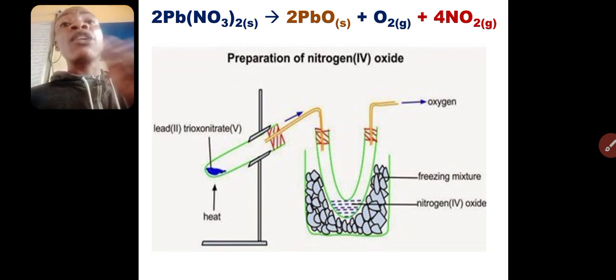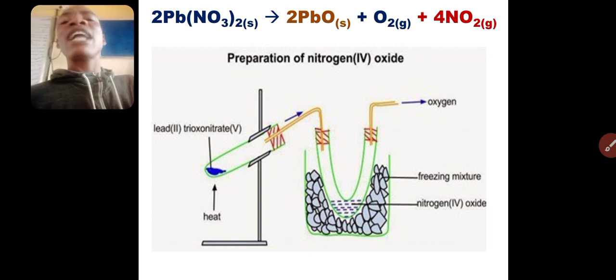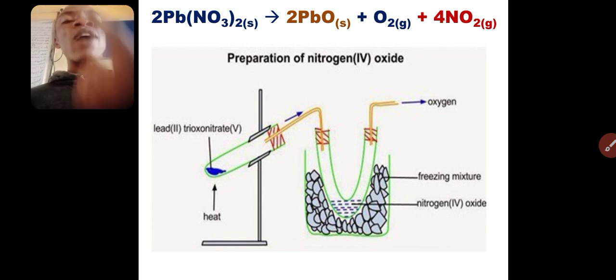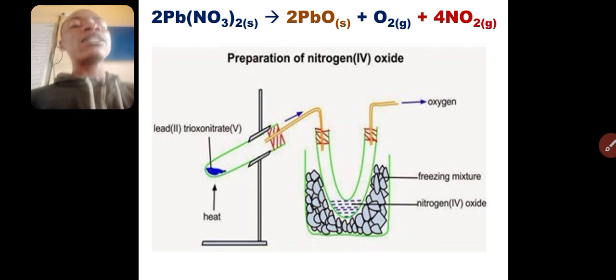any gas that can liquefy easily, when it gets inside, it turns to liquid. And NO2 is such a gas that can liquefy very easily. So when the 2 gases, NO2 and O2, pass through the freezing mixture, NO2 gas, being more easily liquefiable, turns to liquid in the U-tube, and oxygen gas escapes from that U-tube as a gas.